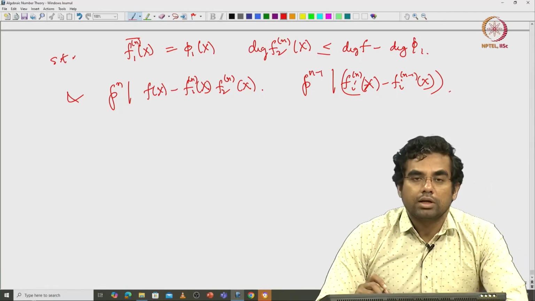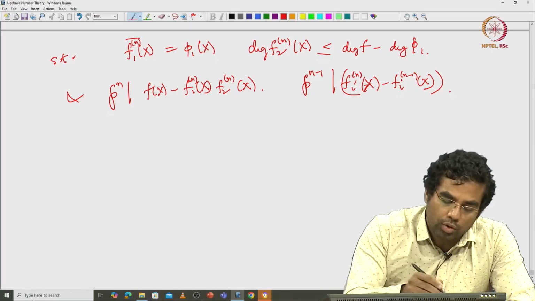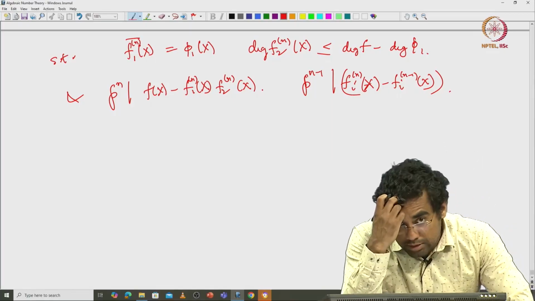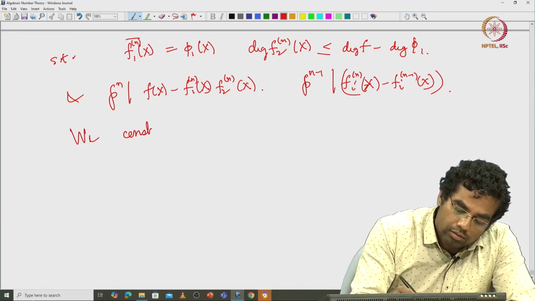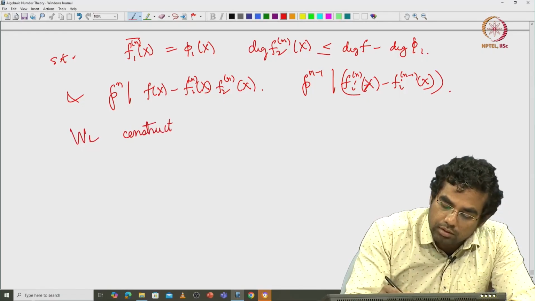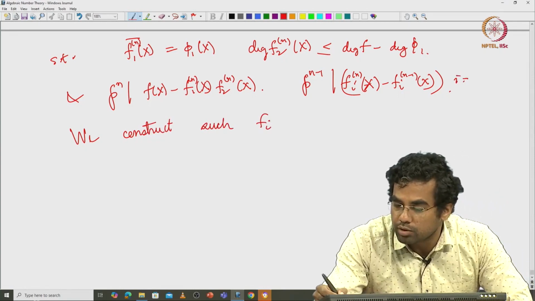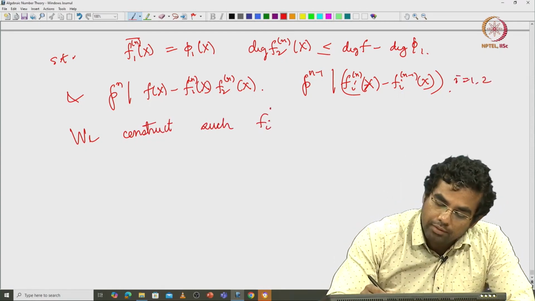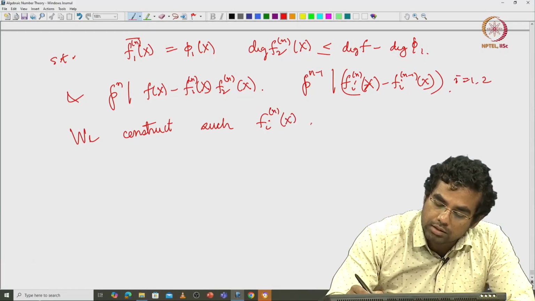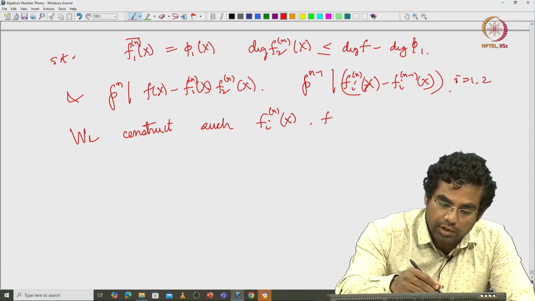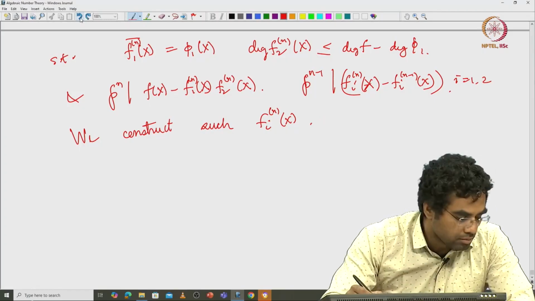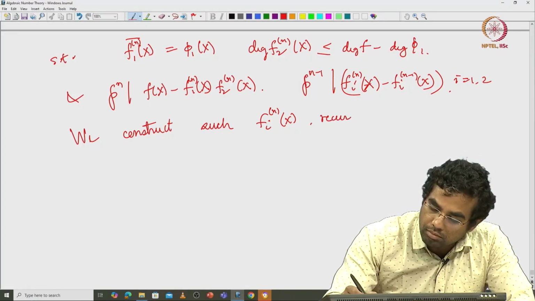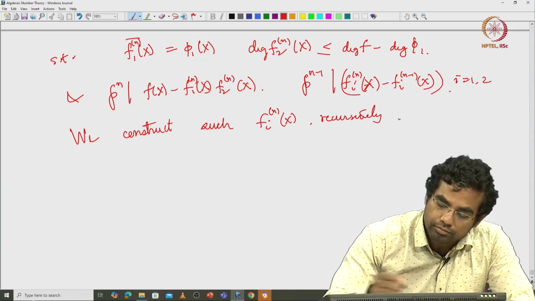So, we want to construct things like that, and so what do we do? We construct this inductively. We construct such f_i n of x, where i is equal to 1 and 2, recursively.